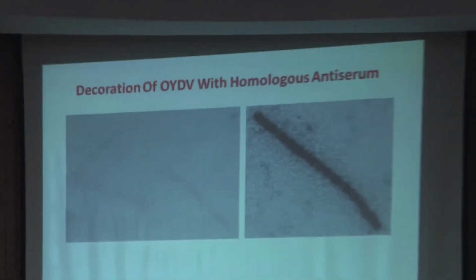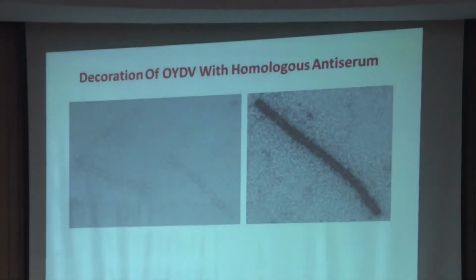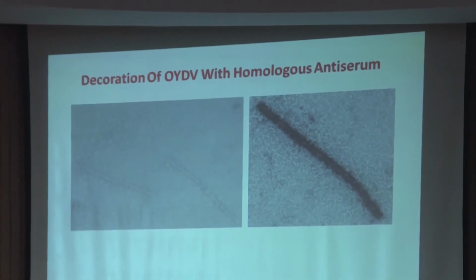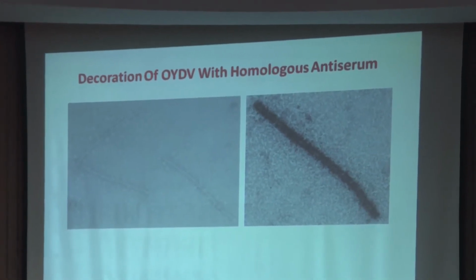This is onion yellow dwarf virus. Without decoration, you can see all the virus particles, clean particles. But when decorated with the onion yellow dwarf virus antibody, you can see an antibody halo all around the virus particle.